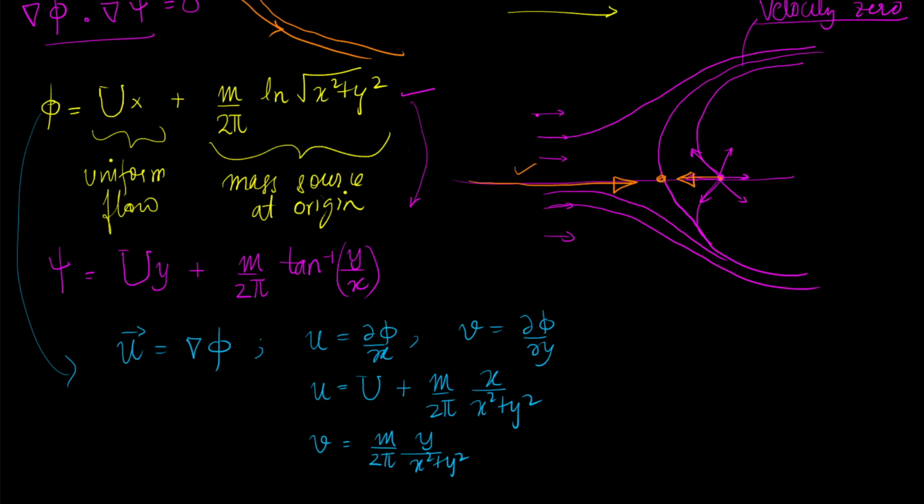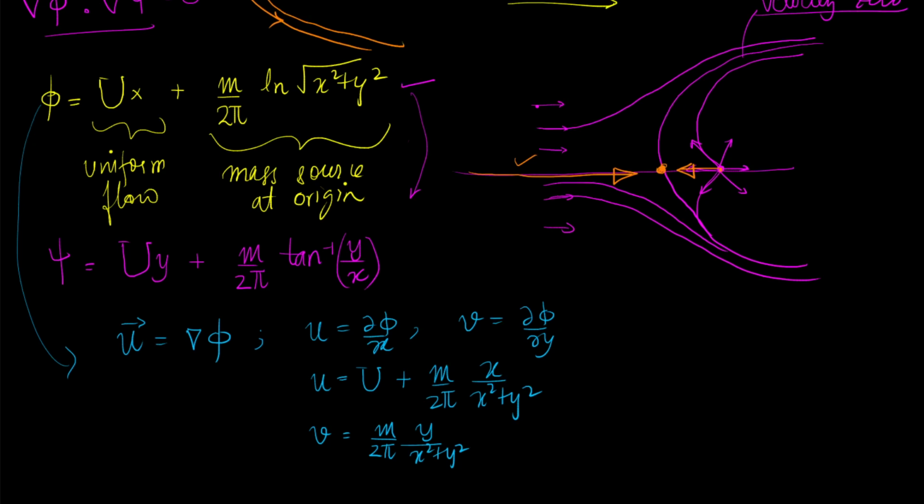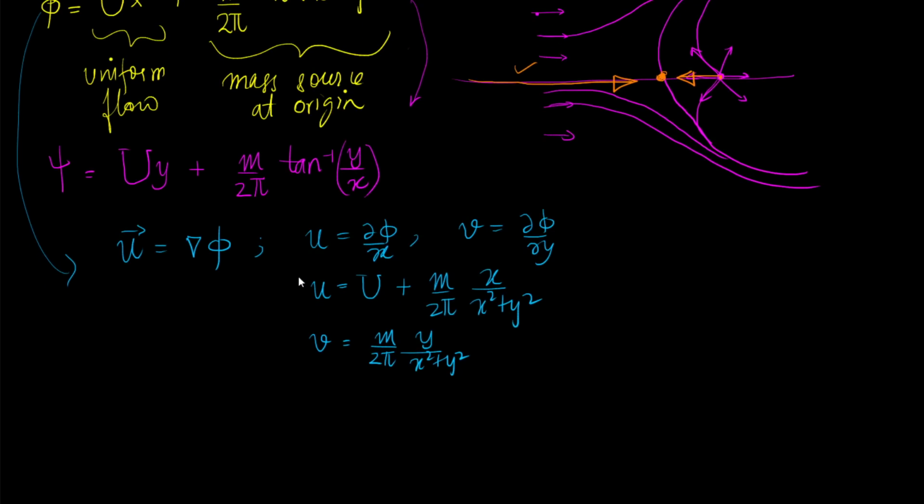And remember, if this is a stagnation point, the entire streamline will also be a stagnation streamline. So let us check the velocity. We will substitute y equal to 0. So u becomes capital U plus m upon 2 pi 1 upon x, and v velocity becomes 0. Obviously the v velocity would be 0 at the x-axis.